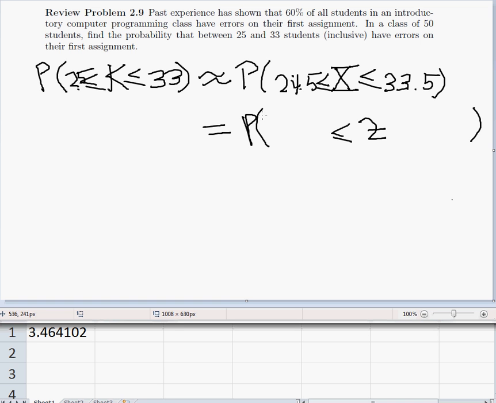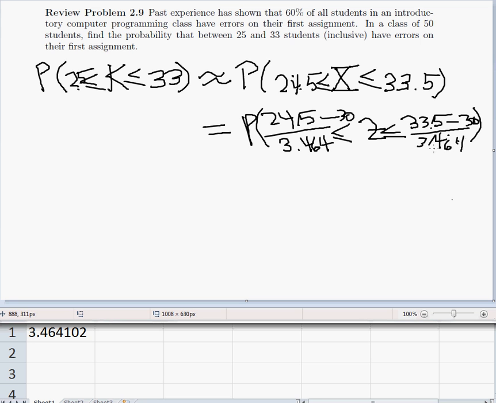Z will be greater than or equal to 24.5 minus the mean of 30 divided by 3.464, and z will be less than or equal to 33.5 minus 30 divided by 3.464. Taking both of those endpoints, 24.5 and 33.5, and converting to standard units.